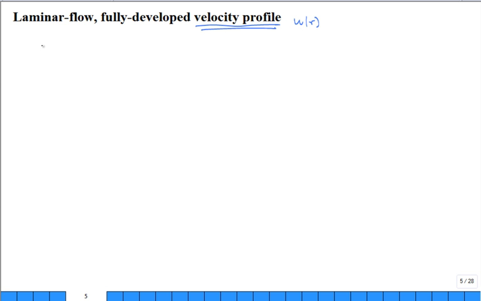Well, yes, and the way we do that is we consider the x momentum equation, and I'm not going to start with the most generic in the cylindrical coordinates, but just write it with all the zero terms removed from the x momentum equation, and you get a differential equation that reads the viscosity divided by r, the rate of change with respect to r, of r du dr. That's equal to dp dx.